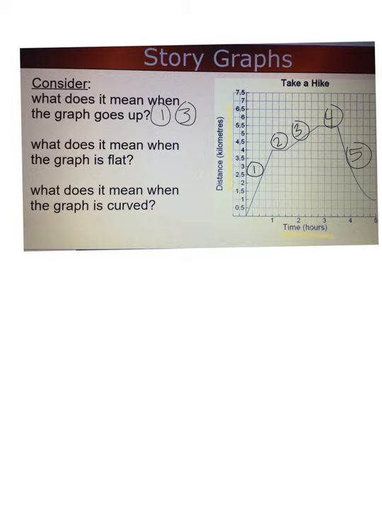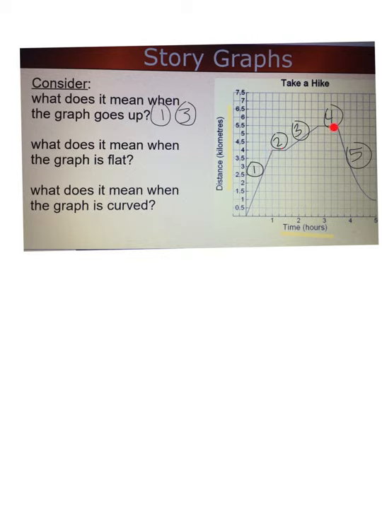What does it mean when the graph is flat? So I can see that my graph is flat here in section 2 and here in section 4. So if I think about what's happening here, from 1 hour till 1.5 hours, this person still stayed at 4 kilometers the entire time. So what we know about this little section right here is that they took a half an hour break. They sat still, they didn't go any further, and they just relaxed.